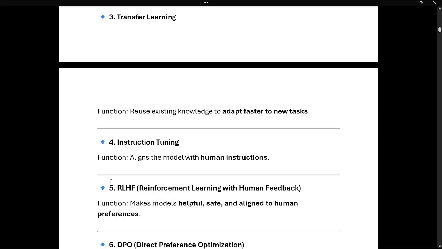Even after pre-training, an LLM may answer like this: suppose I'm asking how to make a tea, it may say tea is a beverage made of leaves, something like that. But with instruction tuning, we train the model on a dataset only of instruction responses.